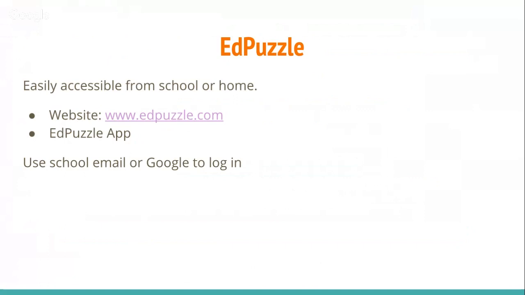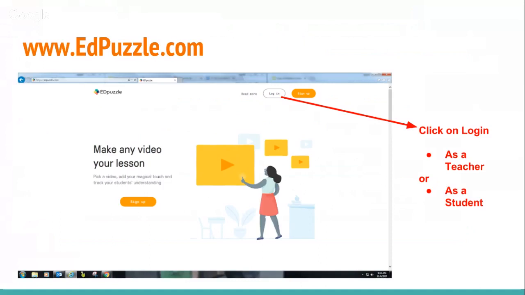EDPuzzle is easily accessible from school or home. The website is www.edpuzzle.com, or there is an app for EDPuzzle on our iPads. Now, for both, you have to use school email or Google login with school credentials. So for teachers, of course, you will log in as a teacher and use the school credential.